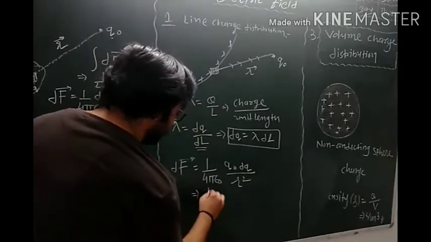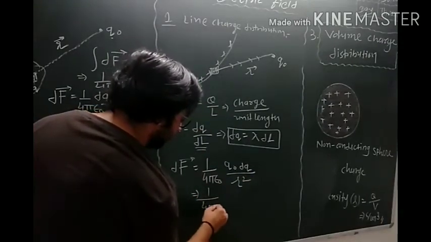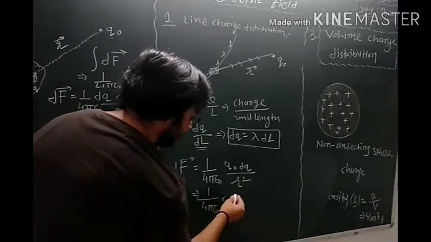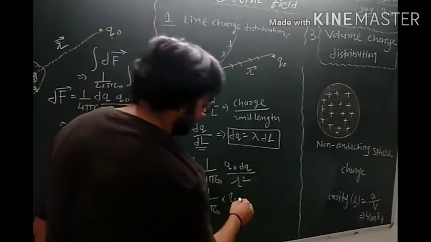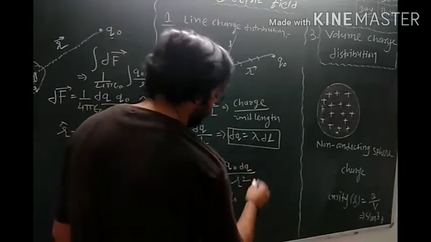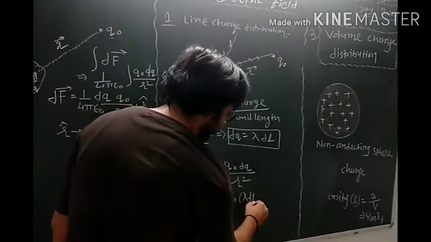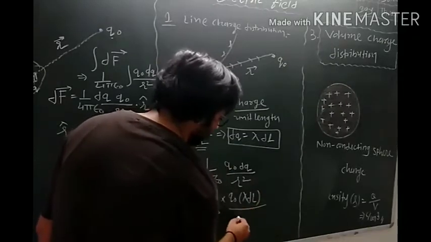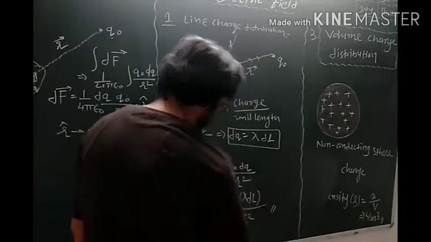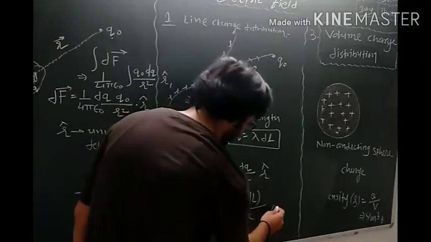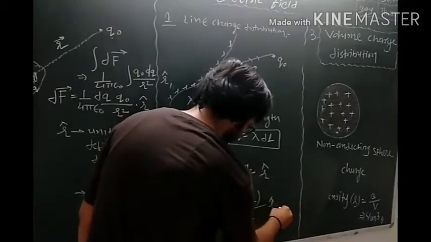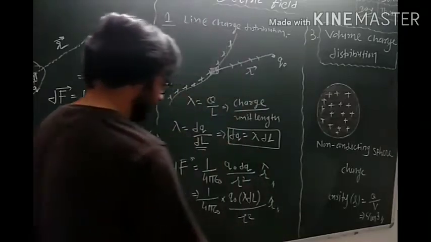So again we write 1/4 pi epsilon naught into q naught. Now we replace dq with lambda into dl. Then we get this answer, and here we forgot to write r cap. R cap gives the unit vector.